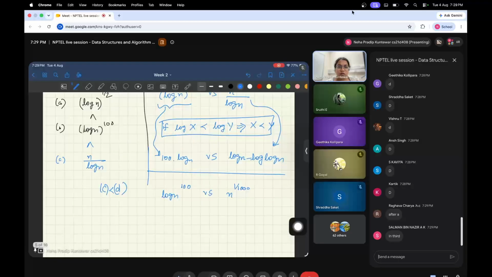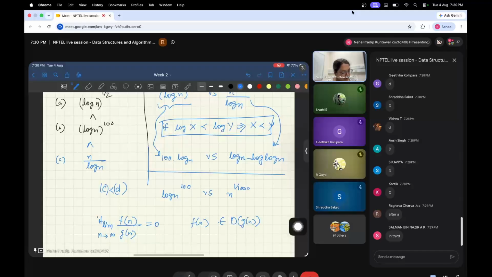As you have seen in class, if the limit as n tends to infinity of f of n by g of n is equal to 0, that means f of n is little o of g of n.